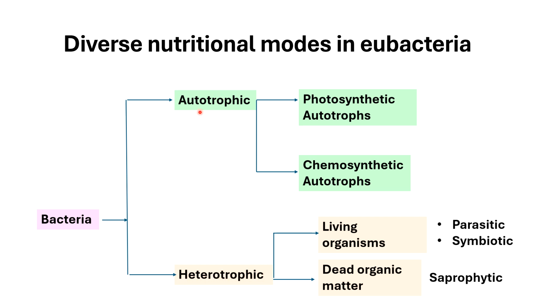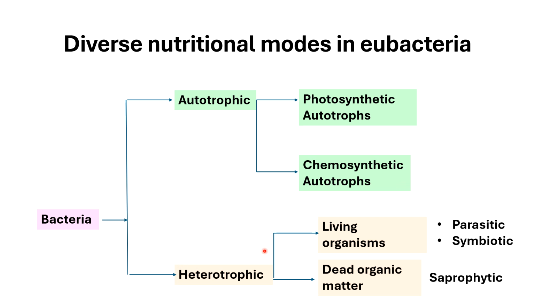Now, under autotrophic, the bacteria can further be photosynthetic autotroph, which means it utilizes the energy of sunlight to prepare its own food, or chemosynthetic autotrophs, which means bacteria utilizes the chemical substances or oxidation of chemical compounds to synthesize its food. Okay.